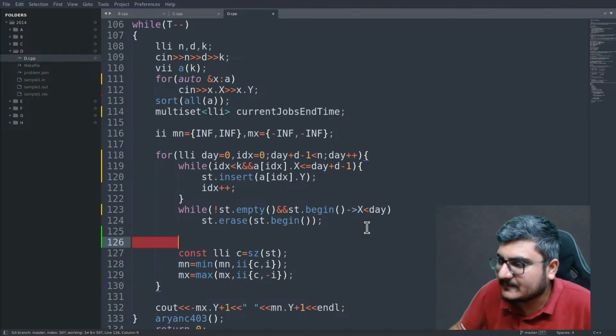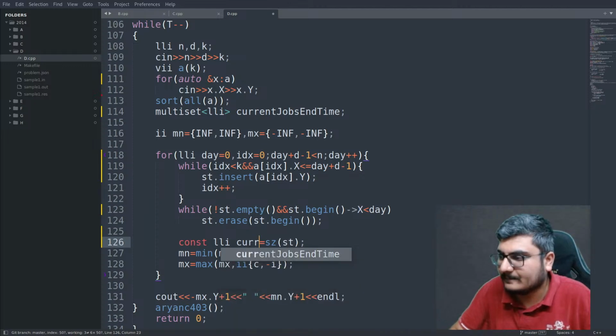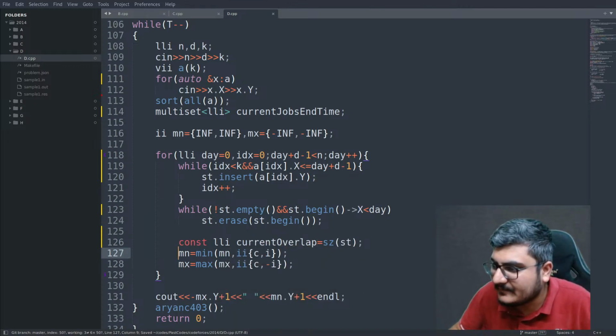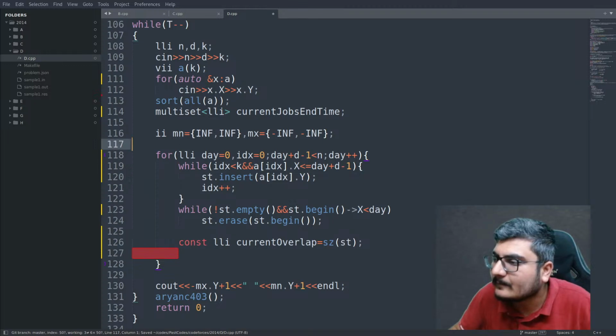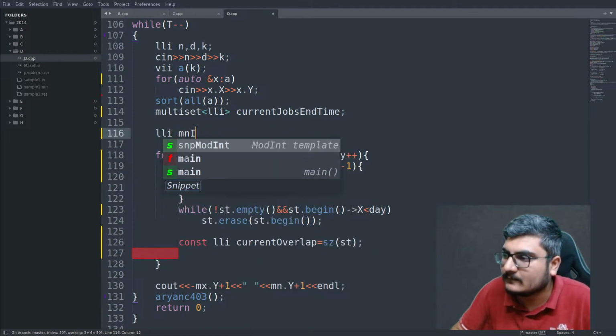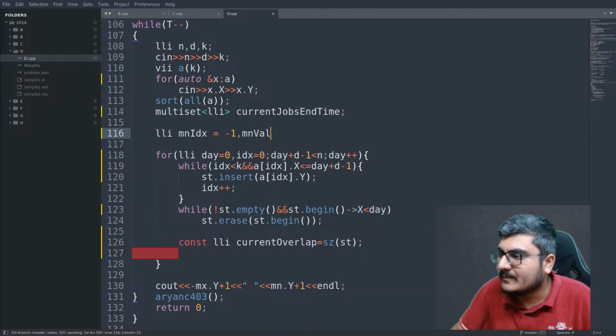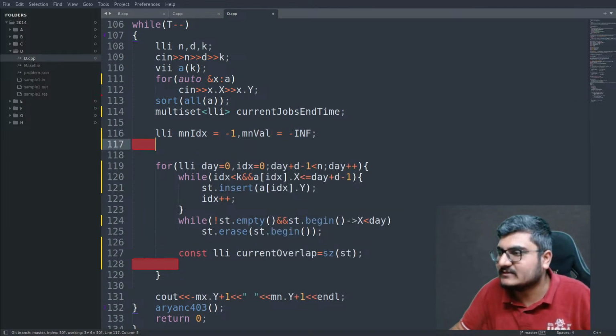And then the current overlap count would be the size of the set. Minimum value is minus infinity, let's just use this.